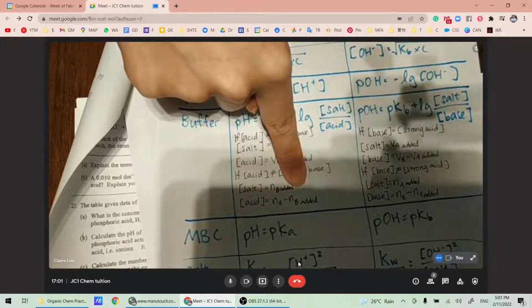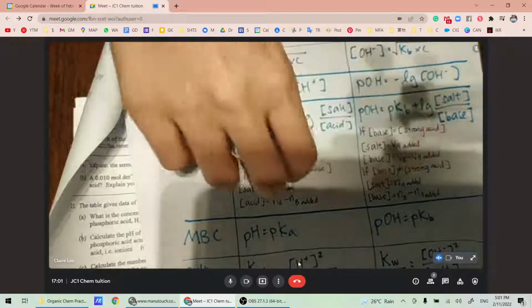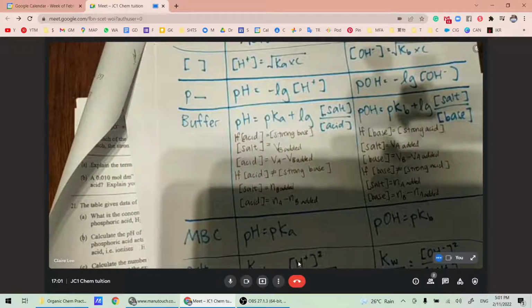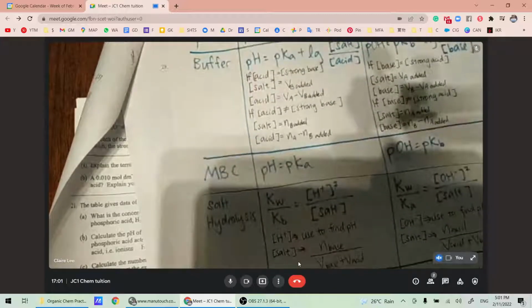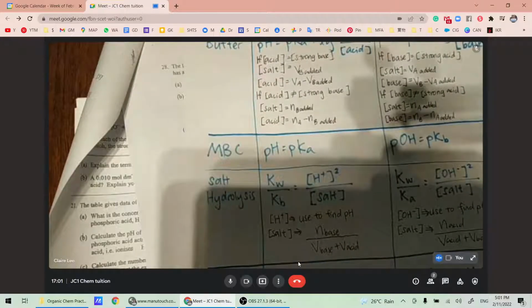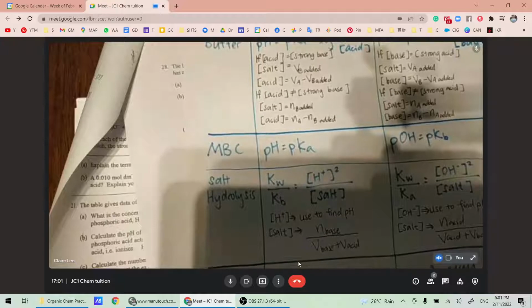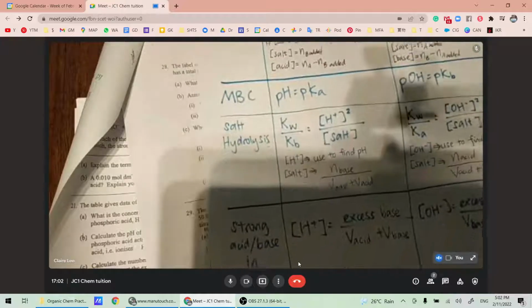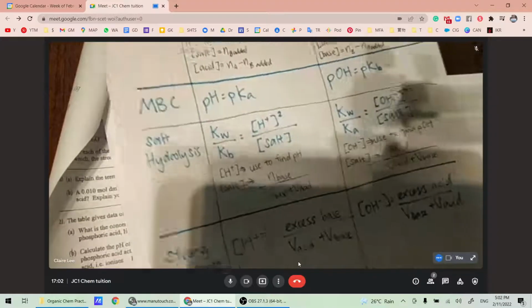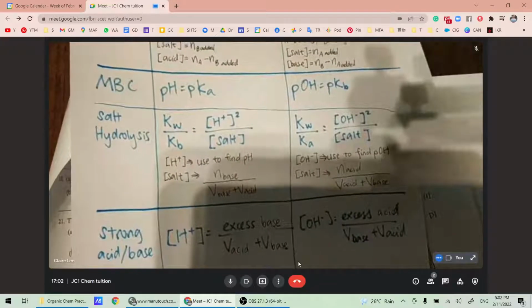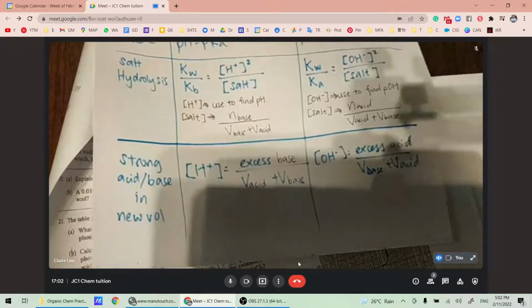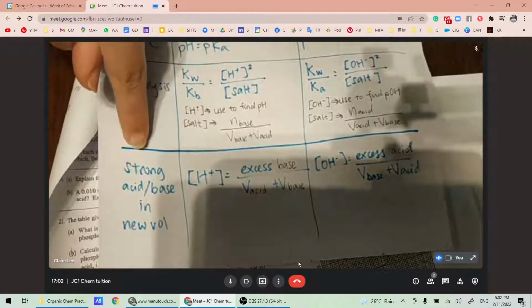But if the concentration of the acid and the base is not the same, then we will have to deal with number of moles, dividing by the volume. So it's easier, of course, if the concentrations are the same. Now remember MBC, maximum buffer capacity: pH equals pKa, pOH equals pKb.